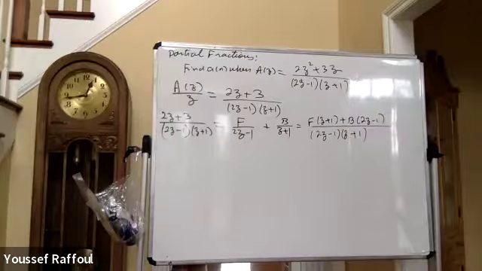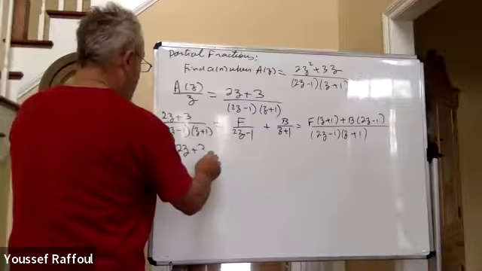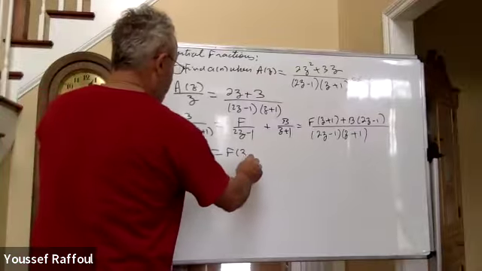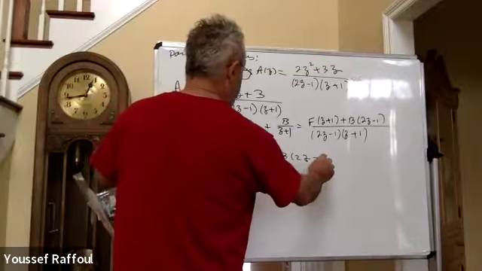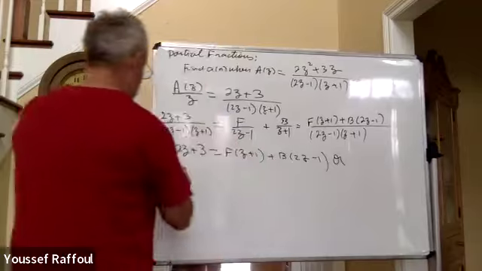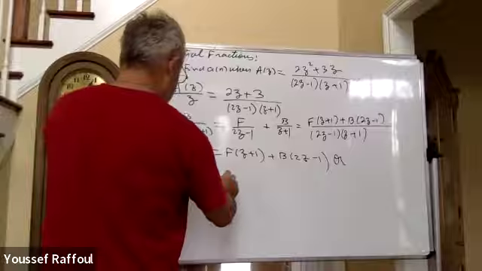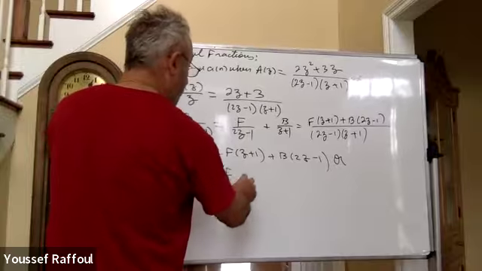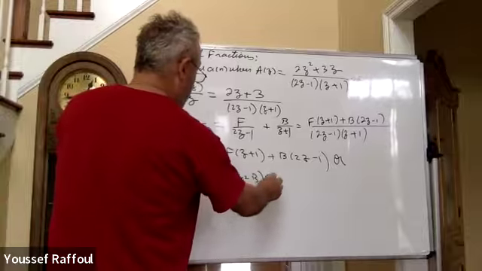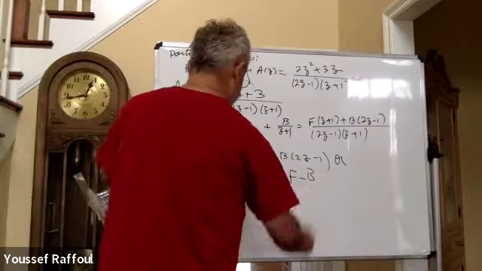Okay. And so equating both sides, 2z plus 3 equals F(z plus 1) plus B(2z minus 1), or 2z plus 3 equals, if I factor z out, (F plus 2B)z plus (F minus B).